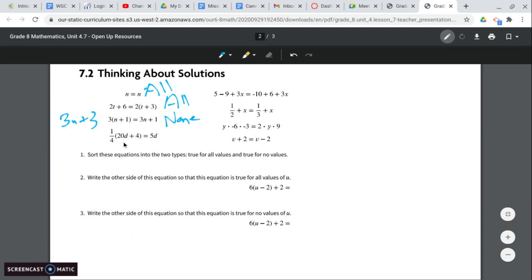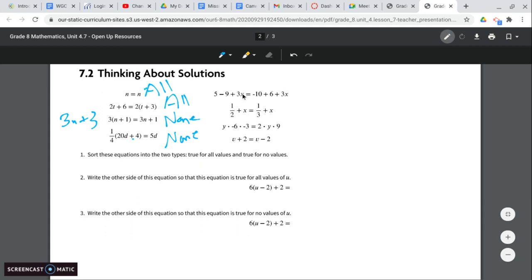All right, this next one, we have 1/4 times 20d plus 4 equals 5d. If we distribute the 1/4, same thing as dividing by 4, we're going to have 5d plus 1. Is that going to be a true statement? Nope, not equal on both sides. All right, our next one over here, we've got 5 minus 9 plus 3x equals negative 10 plus 6 plus 3x.